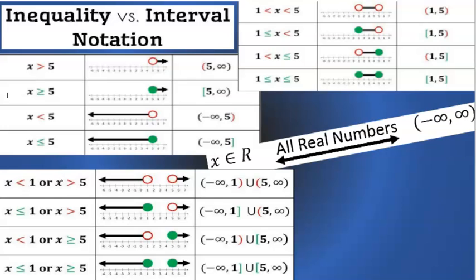And then we have OR compound inequalities, where the middle part is not shaded in and the outer parts are. So we have two inequalities, two pieces of the line graphed, and two intervals. This U right here in between the two intervals is just for union, which means OR.